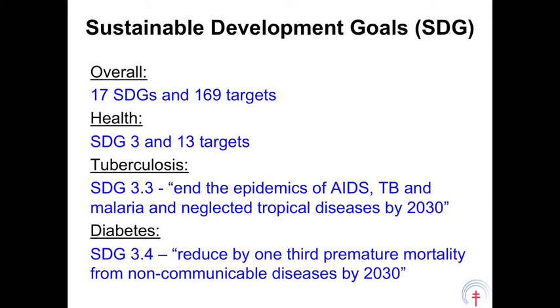For diabetes, this fits into SDG 3.4, where again countries have committed to reduce by 1/3 premature mortality from non-communicable diseases by 2030. A daunting task ahead, I think.